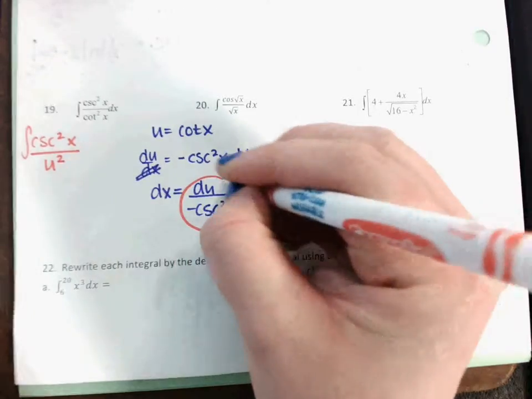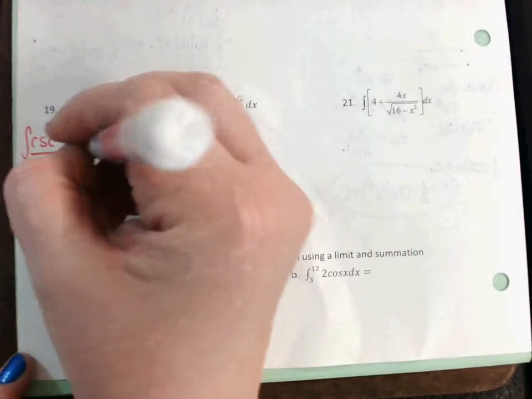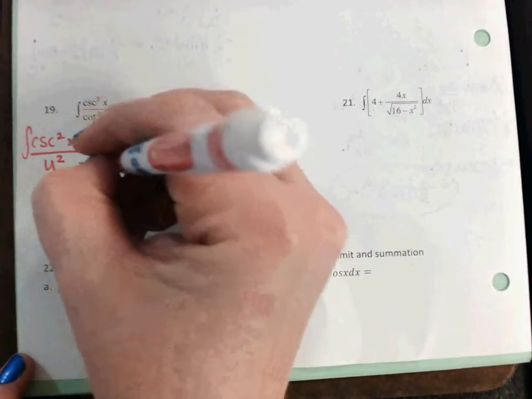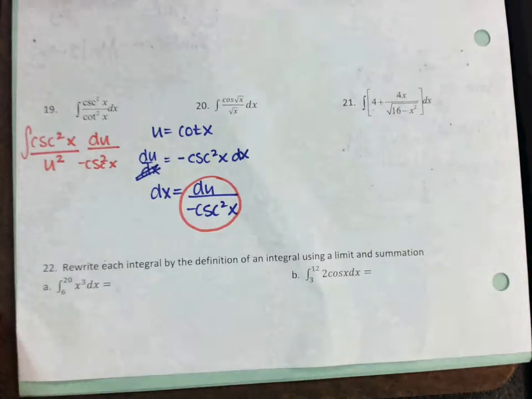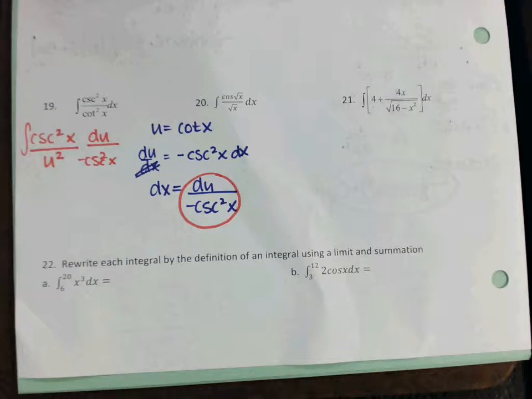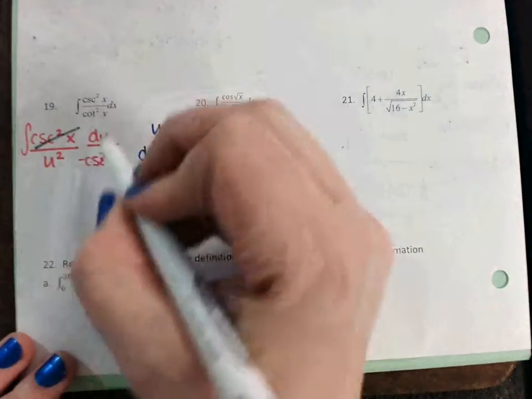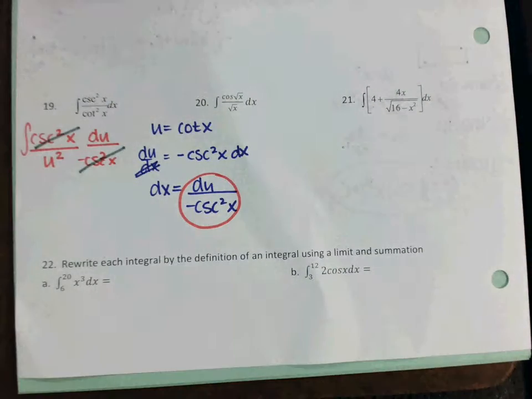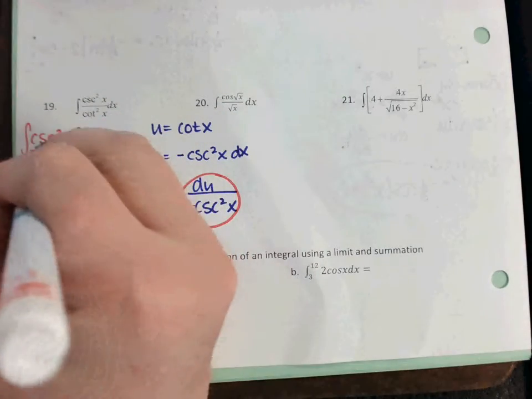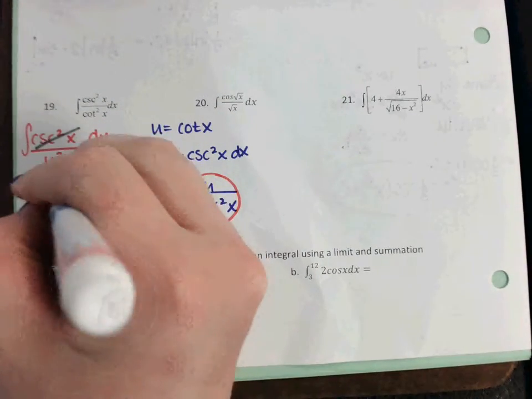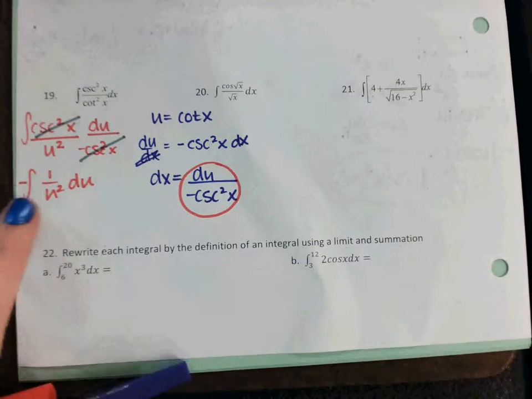A du over negative cosecant squared x. Okay, what's going to cross out? Cosecant squareds. Will anything be left over? Negative. That negative is going to be left over. And then my u is squared on the bottom, like this. Okay, I forgot to make sure you keep that negative there in the front.